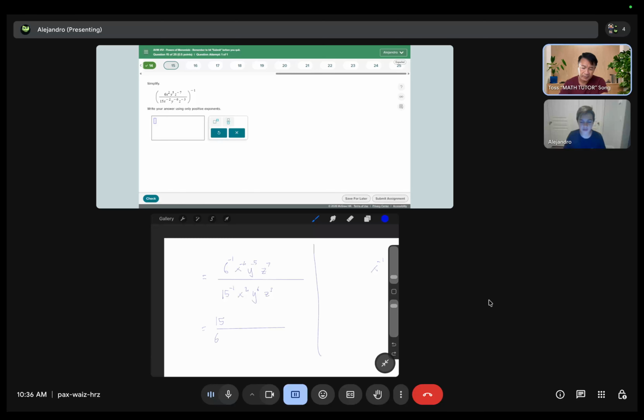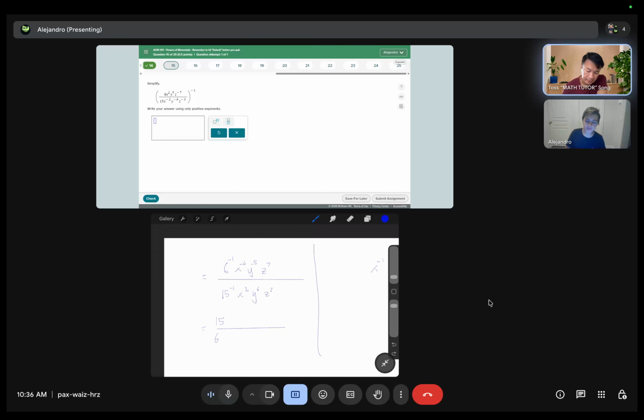Hey, can we do some mental math here? If I bring this down to the bottom, it'll be another x squared next to x squared. I want to combine them. Could you tell me the final answer for the x's in the denominator? I hope you can see it. It would be x to the fourth power.